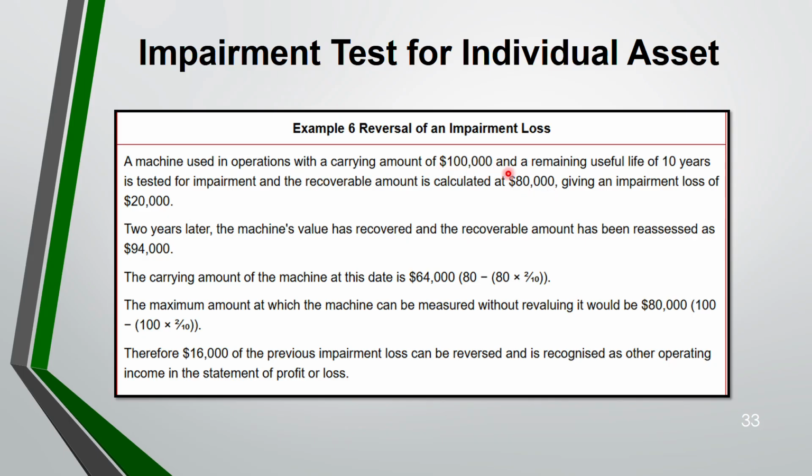Then you would have deducted depreciation from this 100,000, so 100 minus 100 into 2 divided by 10, because you are taking depreciation for 2 years on this 100,000. Then your amount would have been 80,000. You see? So the maximum amount your machine can be measured at without revaluing would be 80,000.